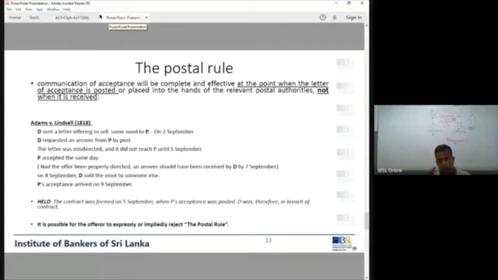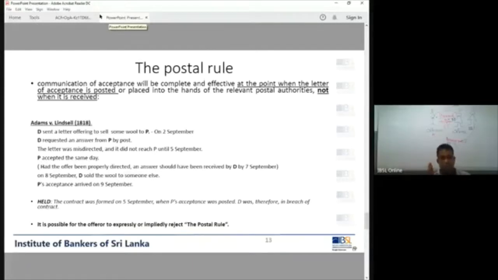It is applicable only to the acceptance. The postal rule will not apply to the offer. The postal rule applies only in contract law. Don't apply it to other areas like sources of law. It applies to agreements, to the acceptance, not to the offer.